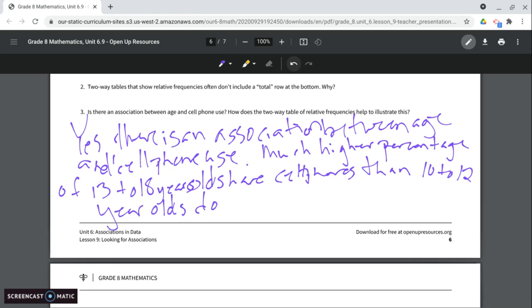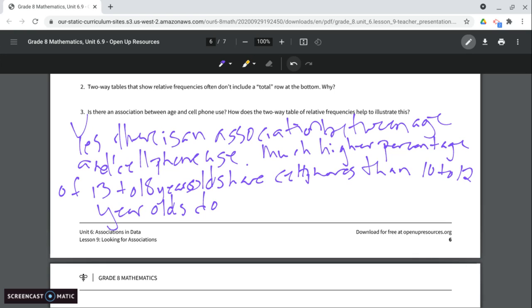So we definitely could see that association. We could see how there was a much larger amount of children between that age that did than didn't. So using those relative frequencies really helps us with that.